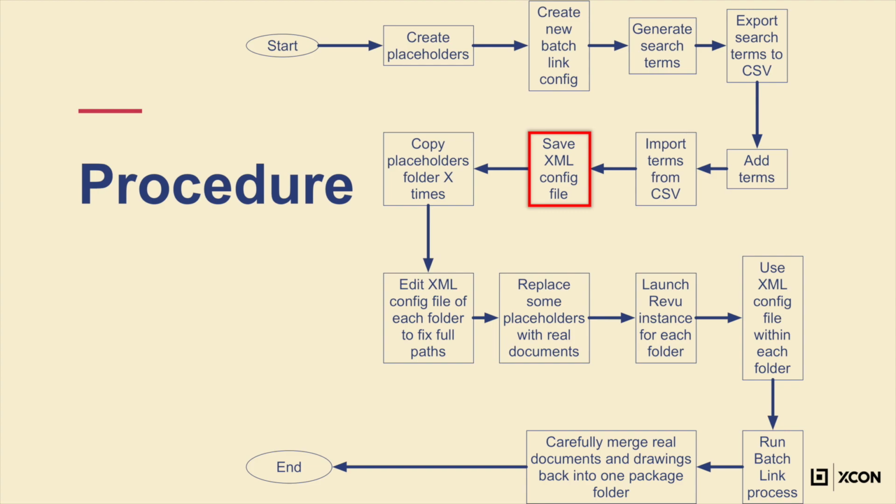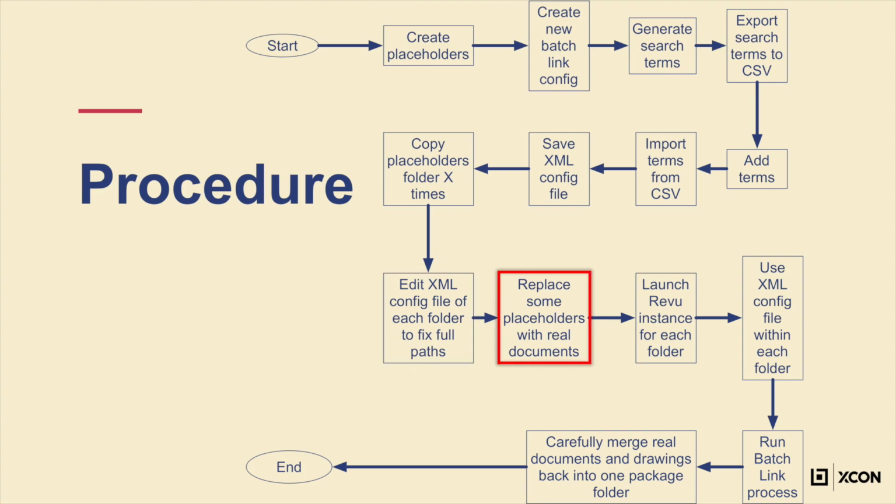It saves as an XML file, which is text. Then you copy your placeholder sets as many times as you want to have instances of Revu. I don't recommend 10. I used 4, right? So then you go into each of those folders and you edit that XML file that you saved to fix the path to point to that folder and not the original one.